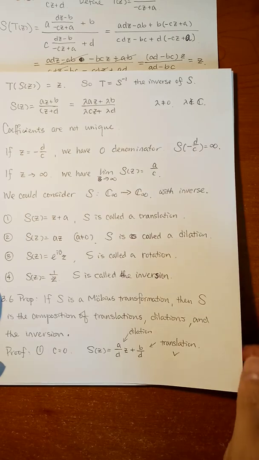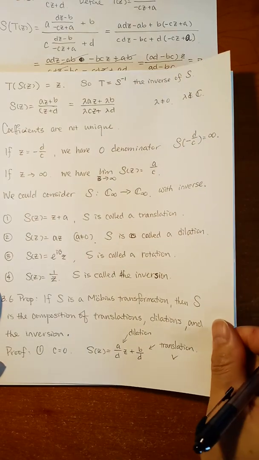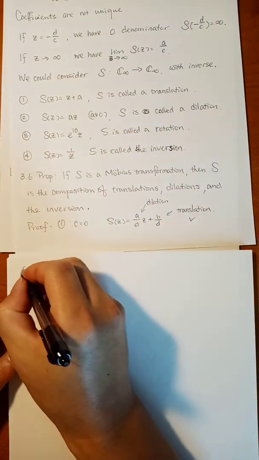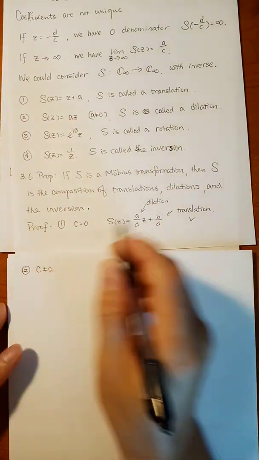Now let's see what happens if C is not equal to 0. Second case, C is not equal to 0.